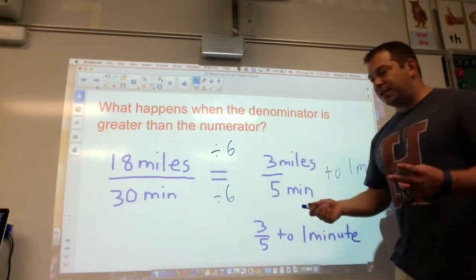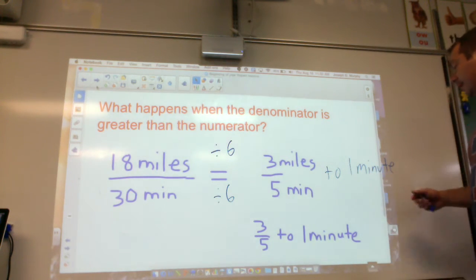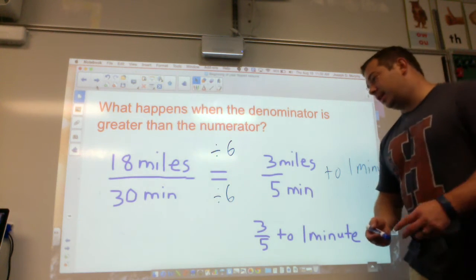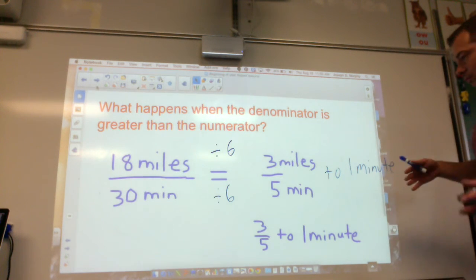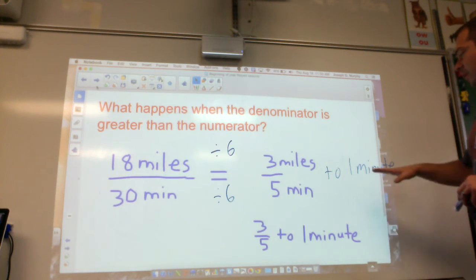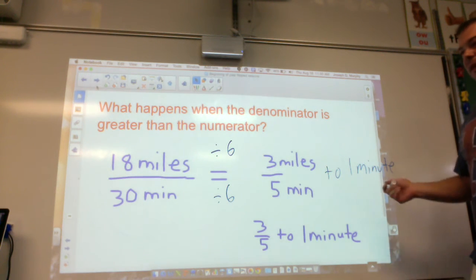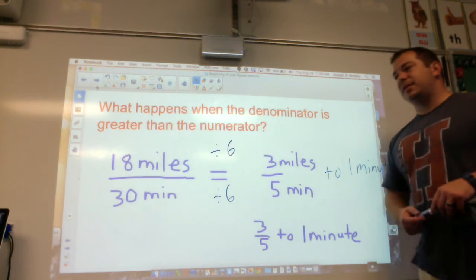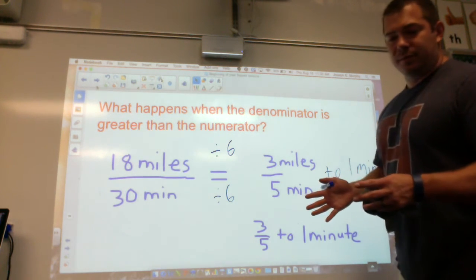And to turn it into a unit rate, you just have to say "to 1 minute" or to whatever thing you have to put it to there. So 1 minute in this case, but it could be hours, it could be days, it could be anything.